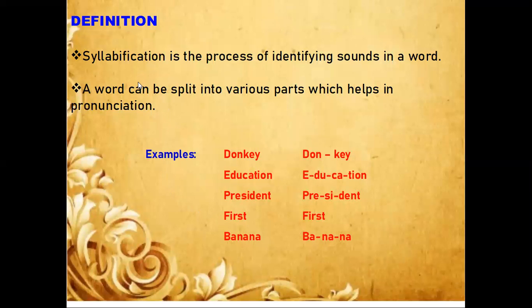First we are going to see syllabification. What is meant by syllabification? Syllabification is the process of identifying sounds in a word.